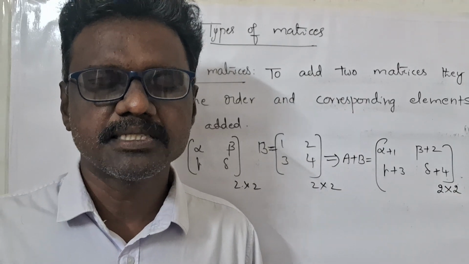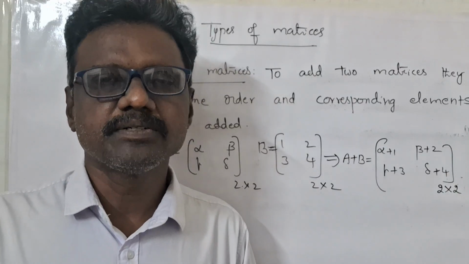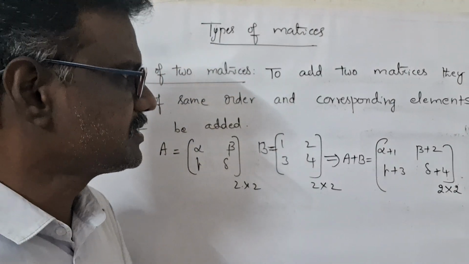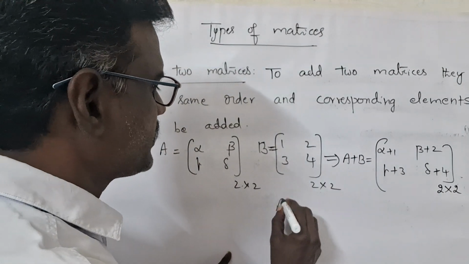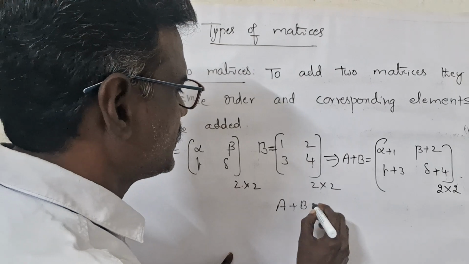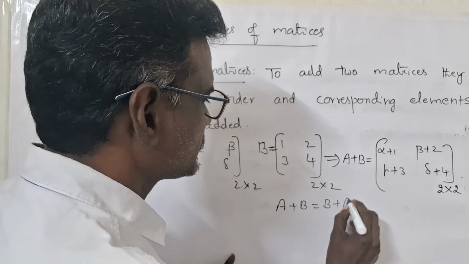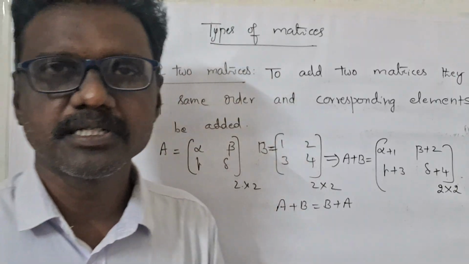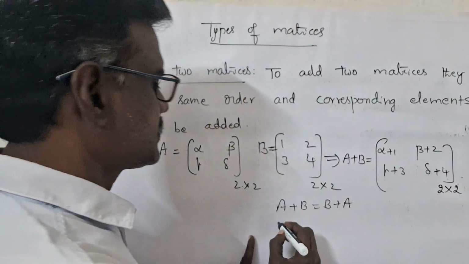As addition is commutative in real numbers, matrix addition is commutative. Commutative means A plus B equals B plus A. Subtraction may not be commutative, but addition is always commutative. Addition is associative.